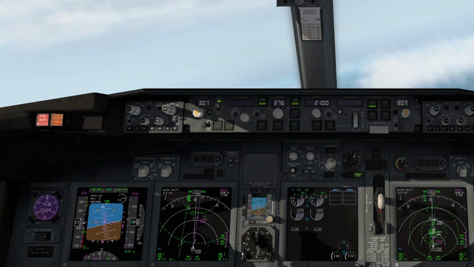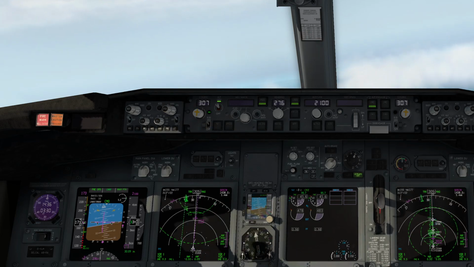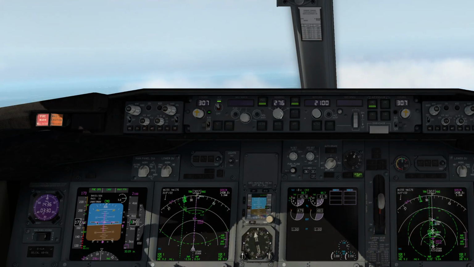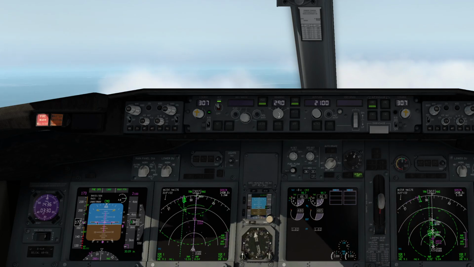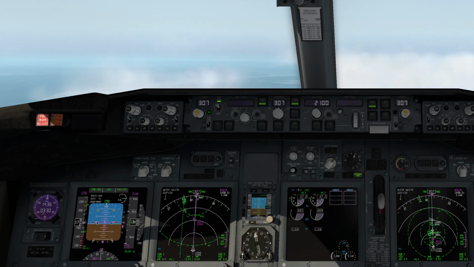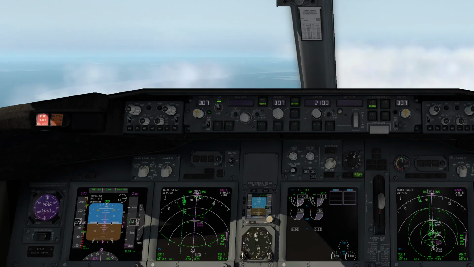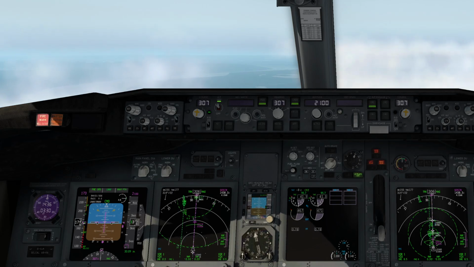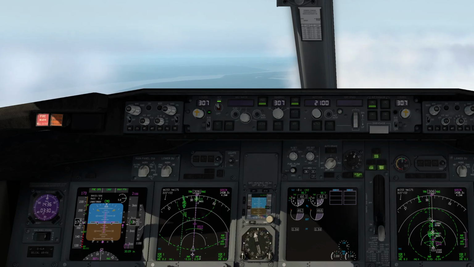Runway 31, 11 miles. 5 nautical miles, gear down. Gear down, 3 green, flaps 15.